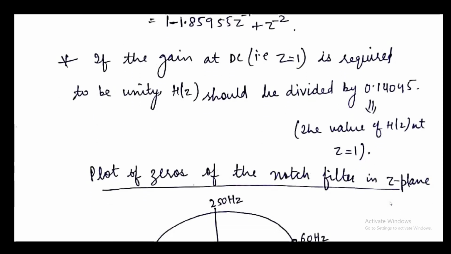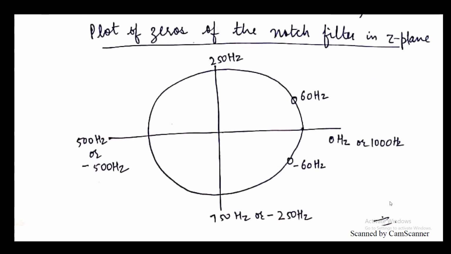So how can we plot these values? You can see in this graph, 60 hertz and minus 60 hertz correspond to the zero locations z1 and z2, and 0 hertz corresponds to 0 degrees, or 1000 hertz corresponds to 360 degrees or 0 degrees, and then similarly we can move.